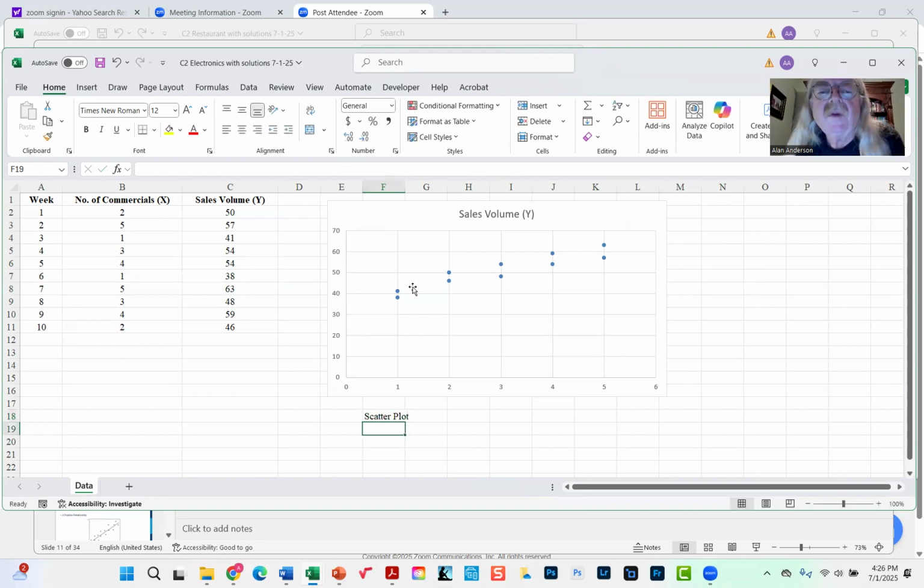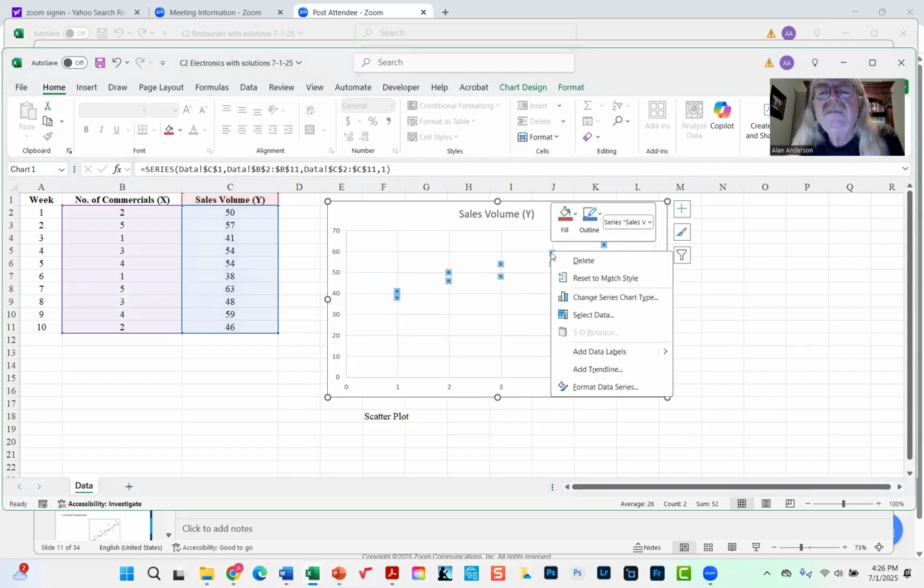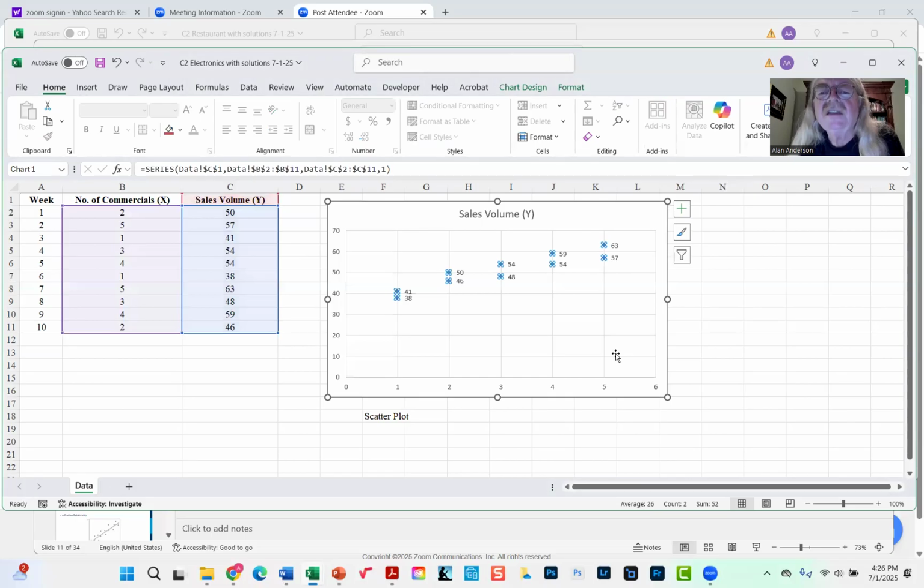Each one of these points represents a single observation from our data set. In other words, each point is 1 week's worth of data. I think you can tell which one is which if you click these on. There's a way, yeah, here we go. No, I guess that's not what I wanted.